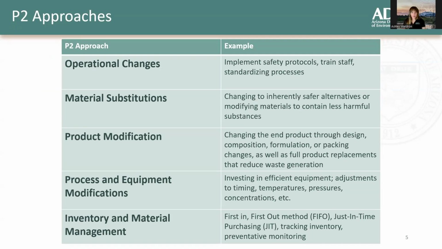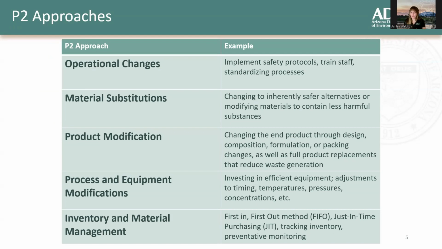So these are those source reduction examples, but they're called P2 approaches, and these are applicable to most industries, so you may notice that your business already engages in P2. For instance, operational changes, right? Are you implementing safety protocols, training your staff, and then standardizing that process? That is P2. Maybe you've substituted your materials for just inherently safer products.